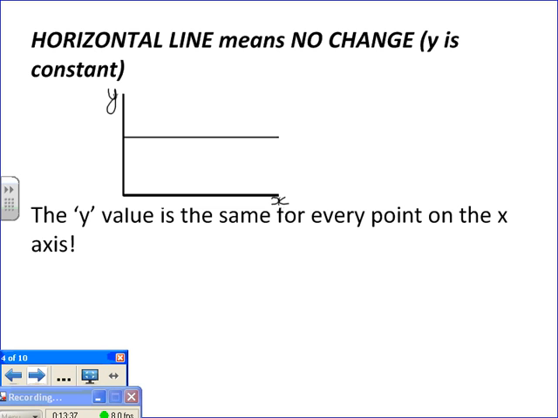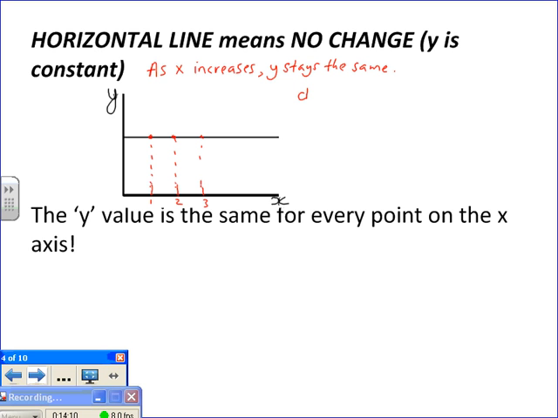And what I'm seeing here is that at any single value of x, so if I were to pick, say, 1, 2, and 3, if I came up to where I am on the graph, I'm always at the exact same place for y. So even as x increases, y stays the same.